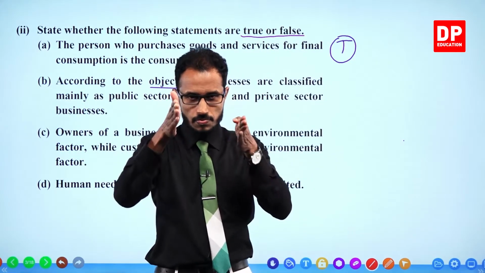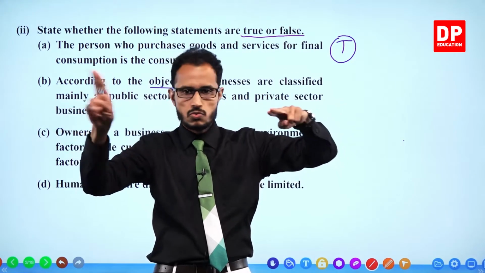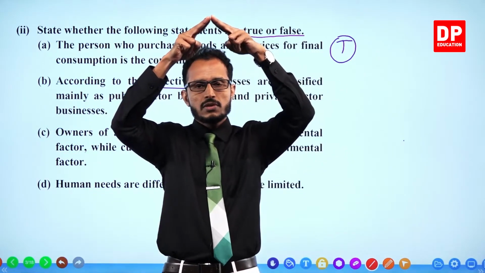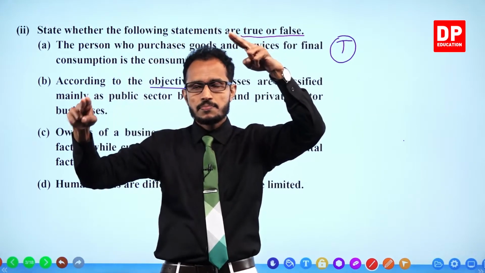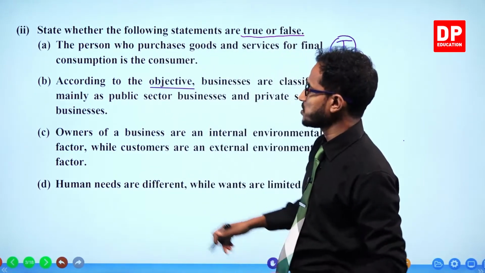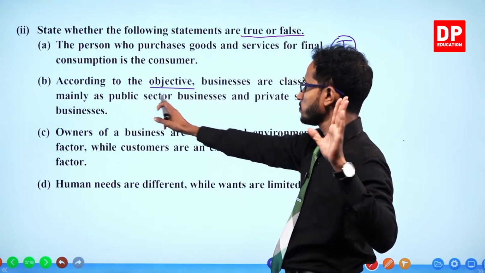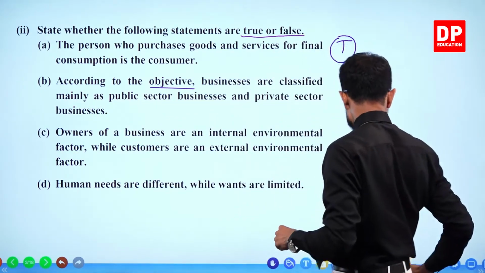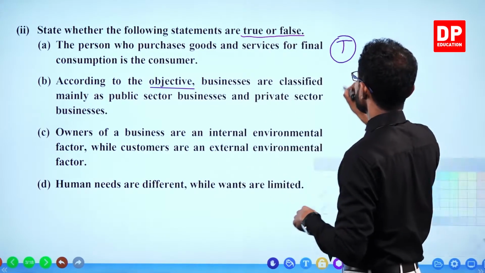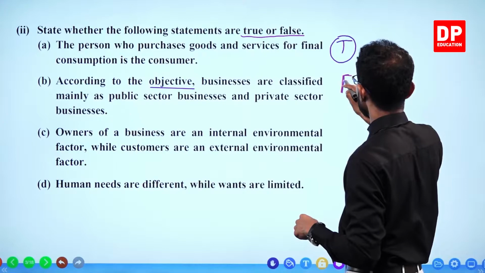Objective, children. Not as private and public. According to the objective, profit oriented, non-profit oriented. That is the main categorization. So, according to the objective, businesses are classified mainly as public and private? False. That's false.